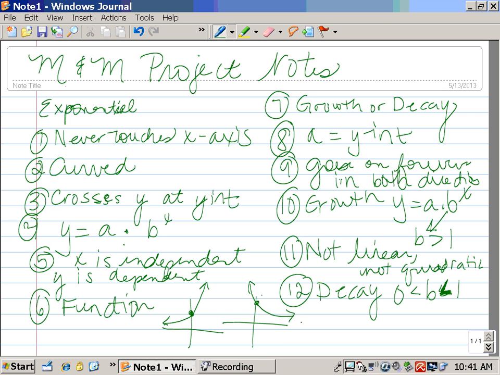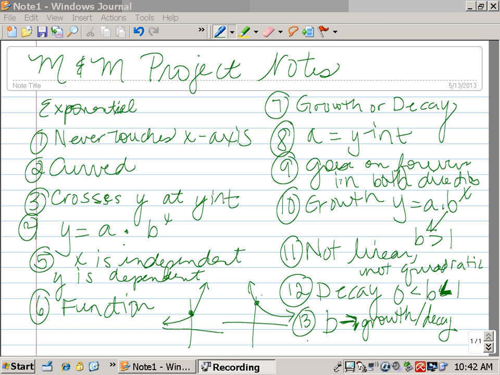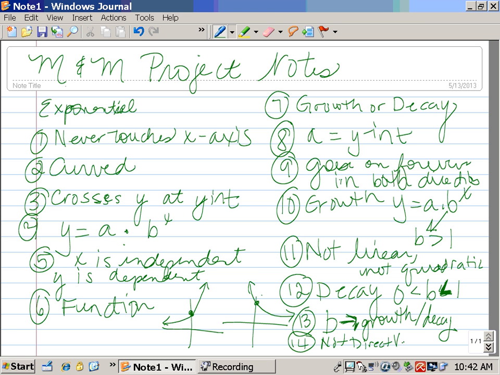Okay, so 13, the b value tells you if it's growth or decay. The b tells you growth or decay. Okay, so our last one is it's not direct variation. Because it does not cross through 0, 0.